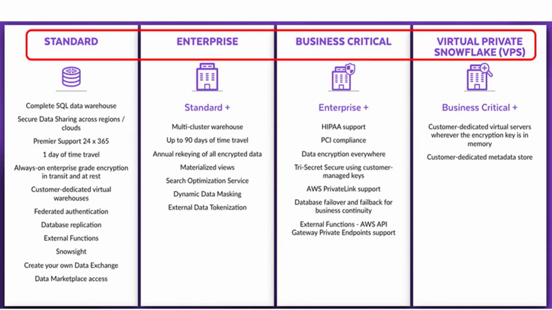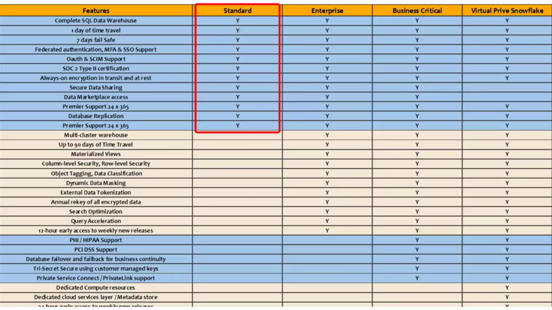And this is the standard edition. The standard edition will have all these features, the highlighted ones: 1 day of time travel, a complete SQL data warehouse, and a 7 day failsafe period.